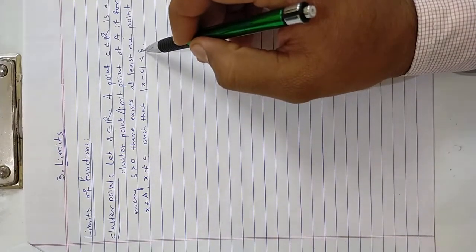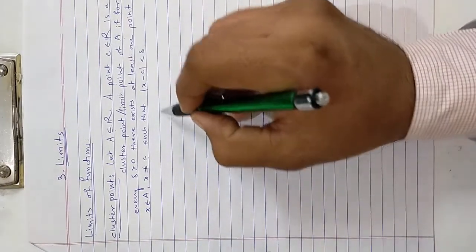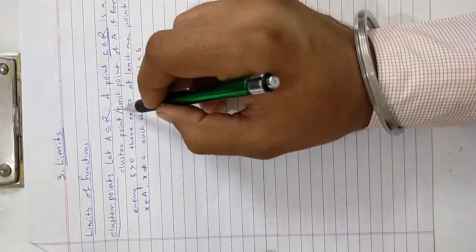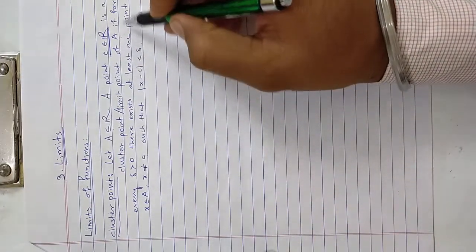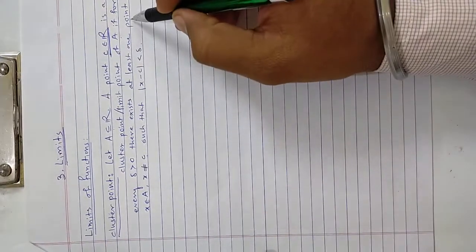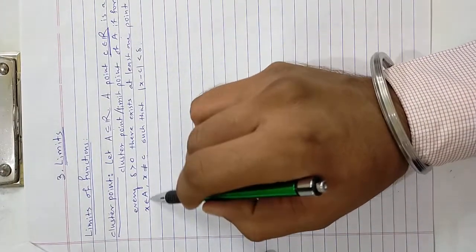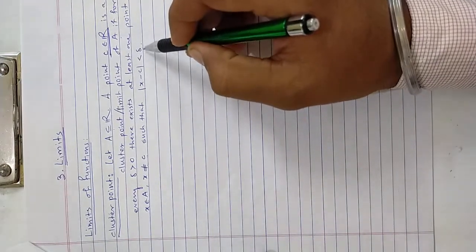is less than delta. Simply it means that a real number C is a limit point or cluster point of a subset A of R if there exists at least one point other than C, so that the distance between x and C is less than delta.